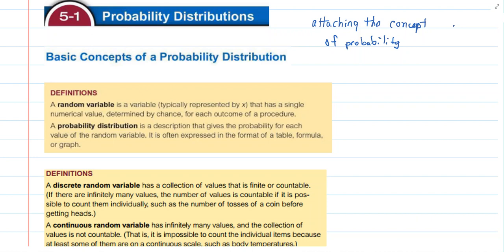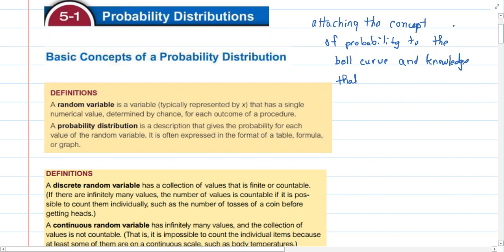And now we're attaching that concept of probability to the bell curve and the knowledge that probability is inclusively between 0 and 1, with 1 being a certainty.